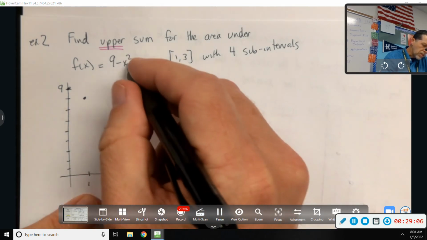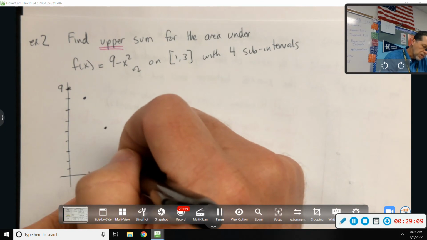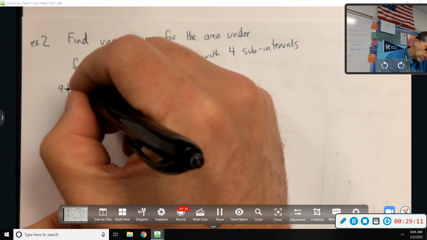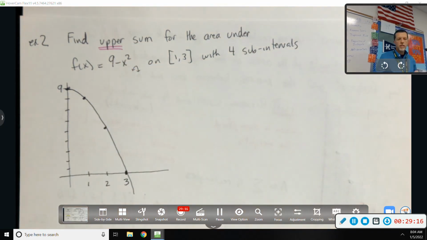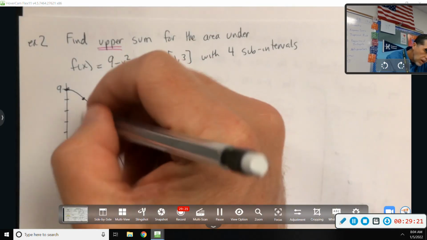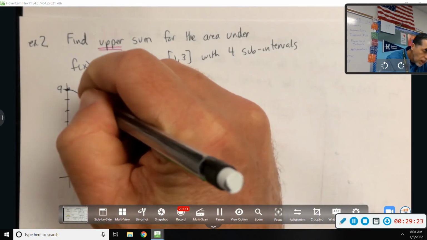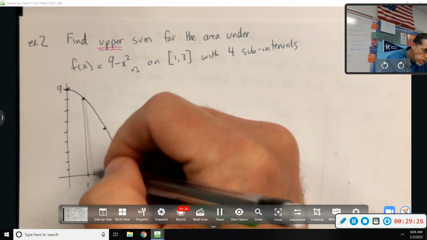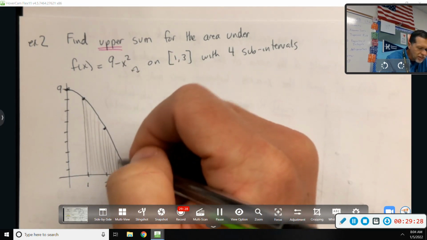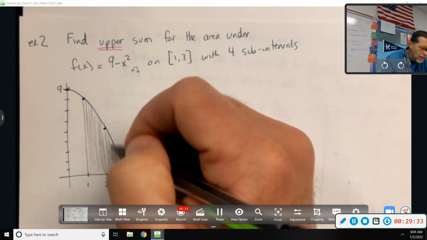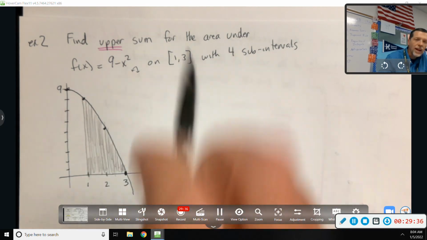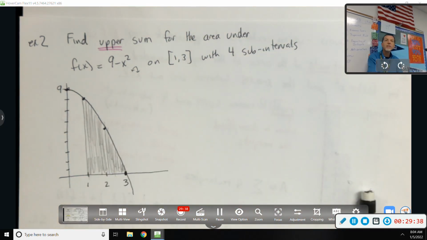And if I plug in 3, 9 minus 3 squared is 0. So there's my picture. I want the area from 1 to 3. Again, very lightly shade if you want to shade that, because we're going to draw some rectangles on top of that. So your picture can get a little out of hand if you're not neat and you're not careful.